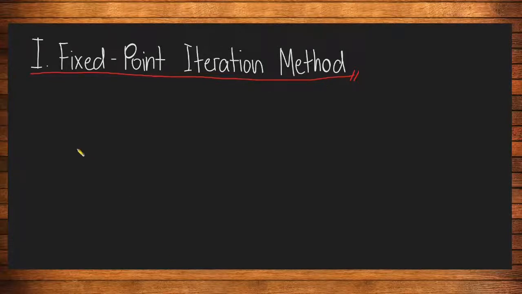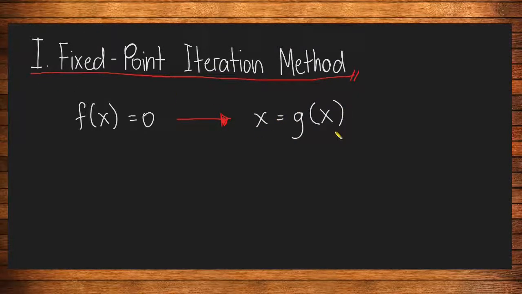The fixed point iteration method is one of the open methods used to solve the root of an equation of the form f of x equal to 0. For this simple fixed point iteration method, also called one-point iteration or successive substitution method, yung ginagawa dito is we develop a formula by rewriting the given equation in the form x equal to g of x.